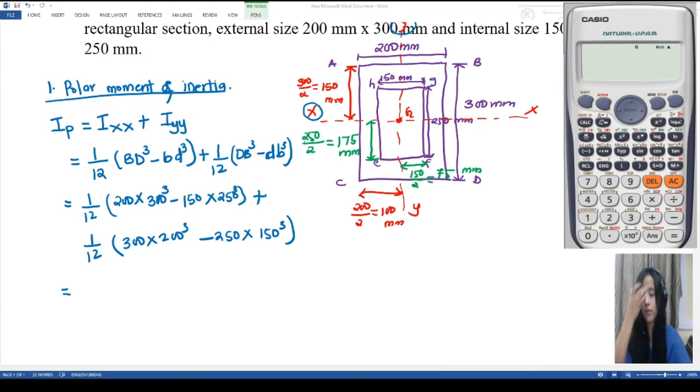Okay, so let us solve here directly. 1 by 12. Let us open the bracket. Two brackets will open. The first one is 200 into 300 cube minus 150 into 250 cube.